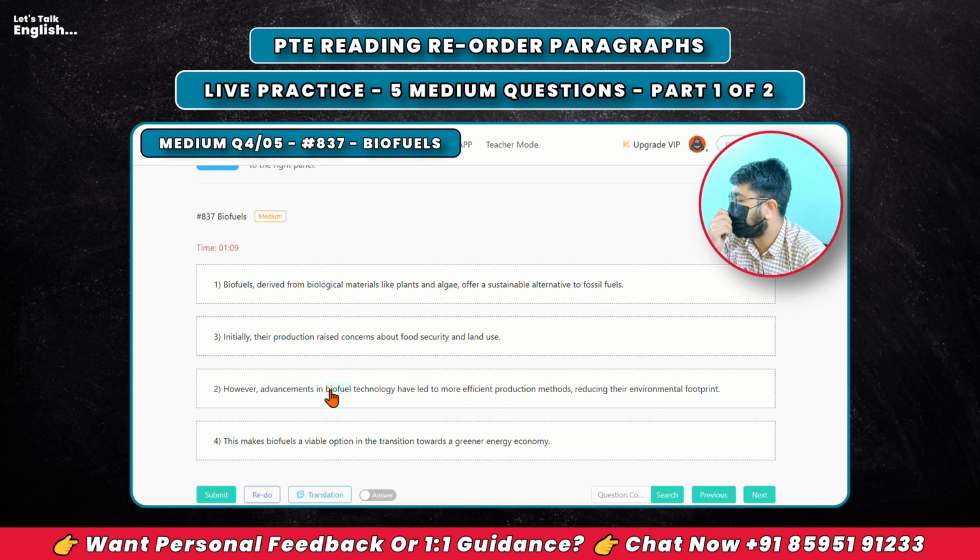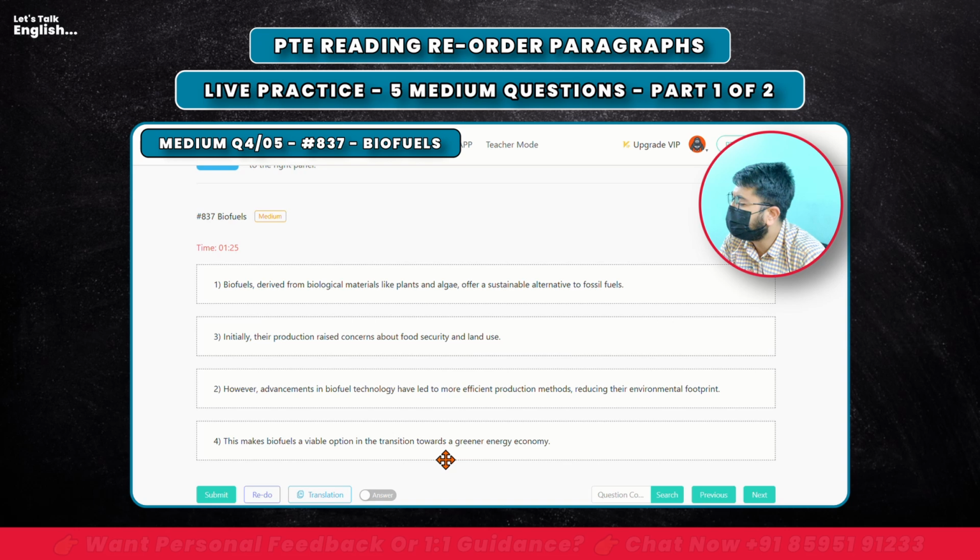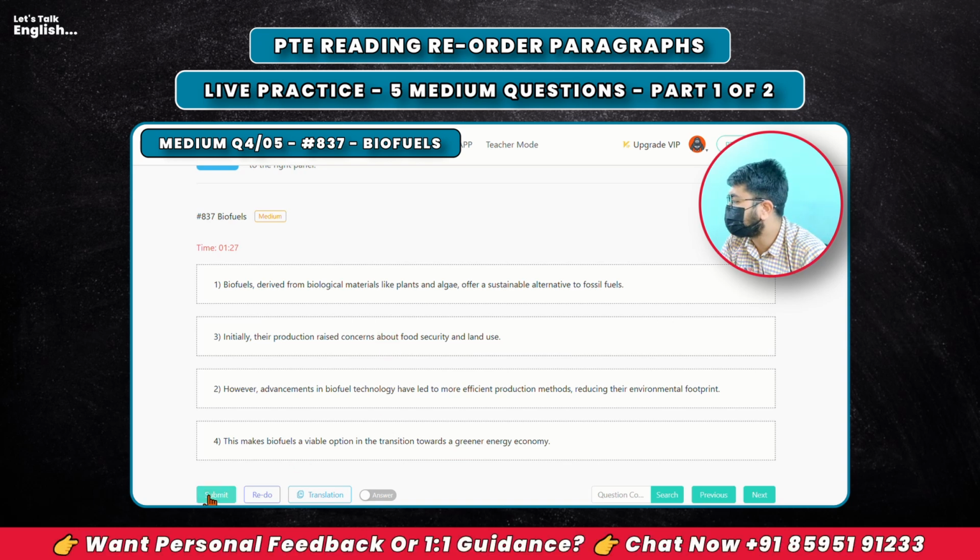However, advancements in biotechnology have led to more efficient fuel production. So here we've got the solution. The first one introduced us, the third was the problem, the second gave us a solution, and then this makes biofuel a viable option. It's a very conclusive sentence going towards the future. So 1, 3, 2, and 4, I think, is the sequence.